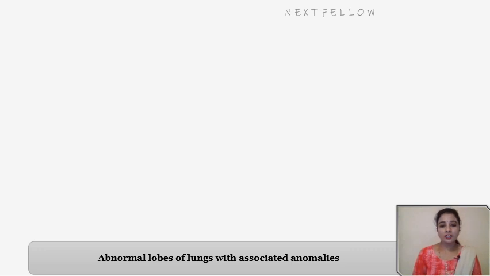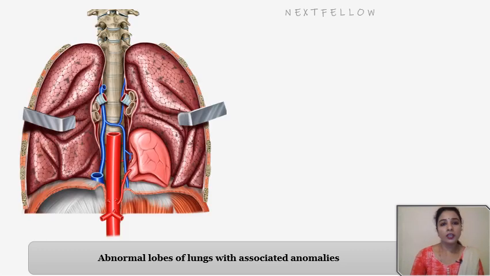Let's see some more congenital anomalies: abnormal lobes of the lungs with associated anomalies. Here is the image showing the abnormal lung lobes. In this condition, sometimes the right lung or the left, here on the left side, consists of 2 lobes instead of 3, or the left may consist of 3 lobes instead of 2.